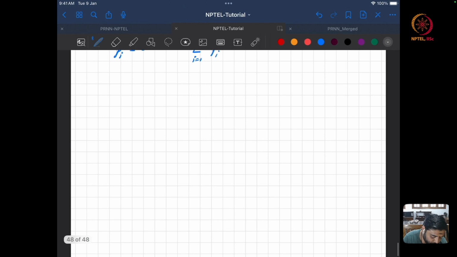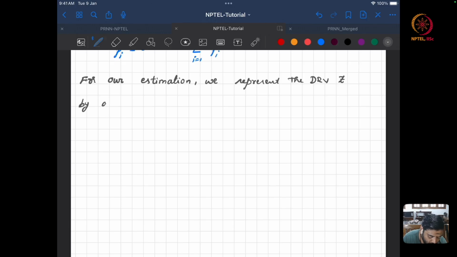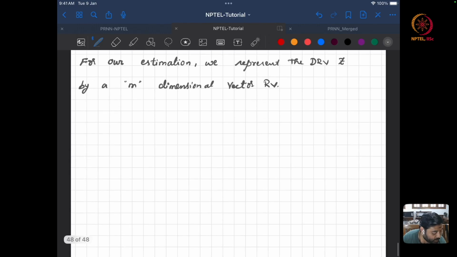So now for our estimation of parameters, we represent the discrete random variable z by an m-dimensional vector random variable.